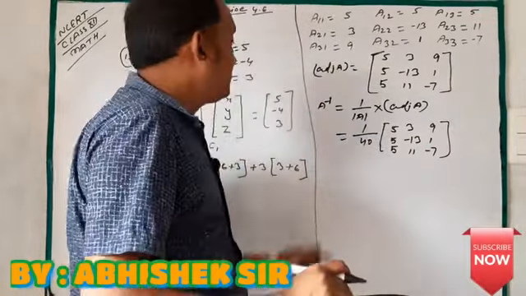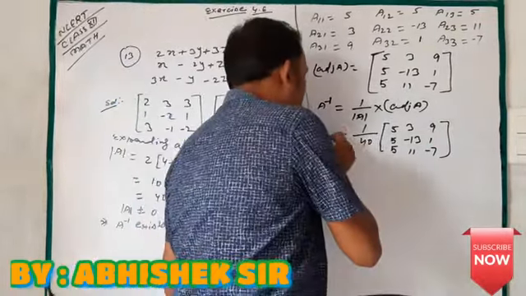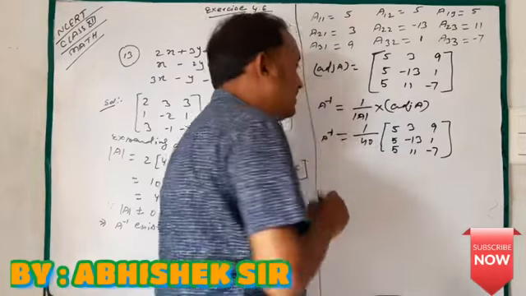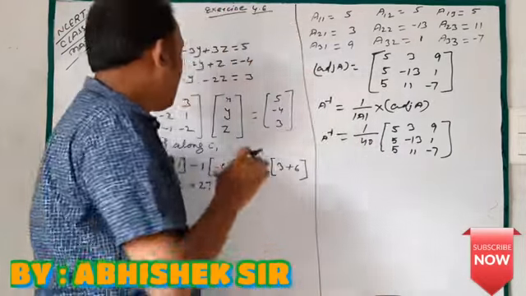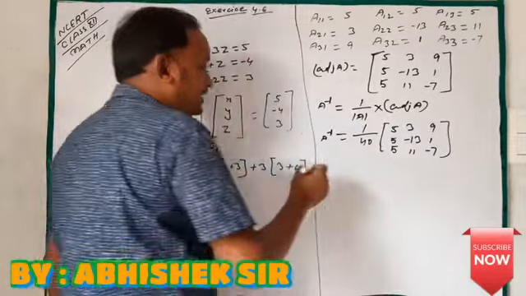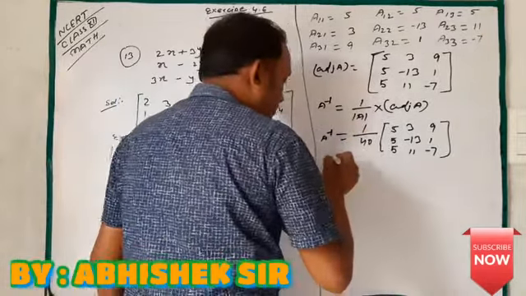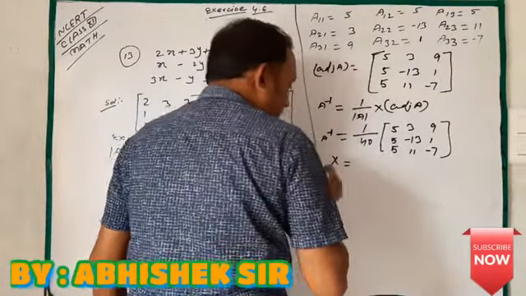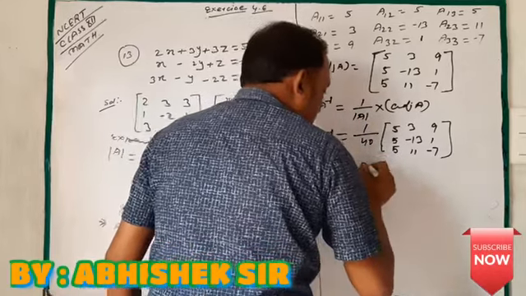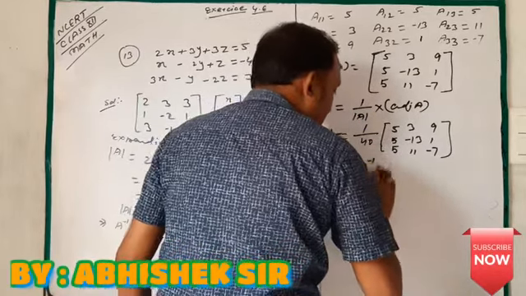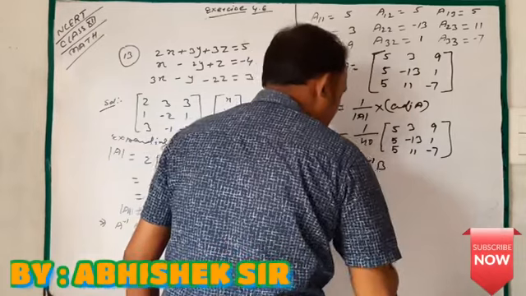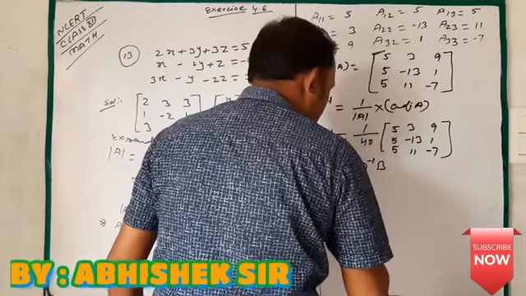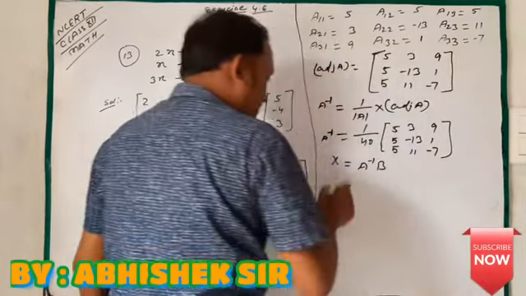Now, this is our A inverse. Now we have to find X matrix. We know that matrix X is equal to A inverse multiplied by matrix B. Here, what is X matrix?